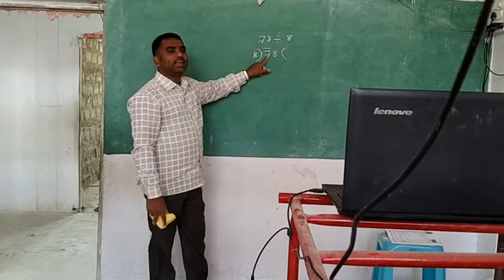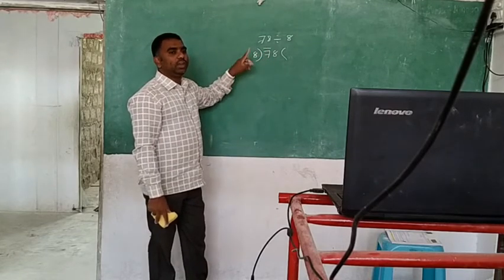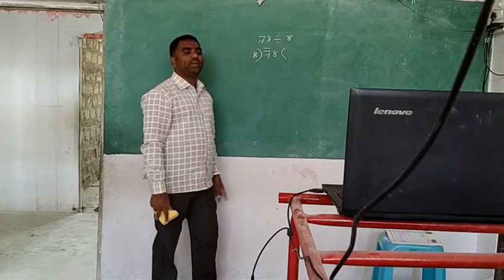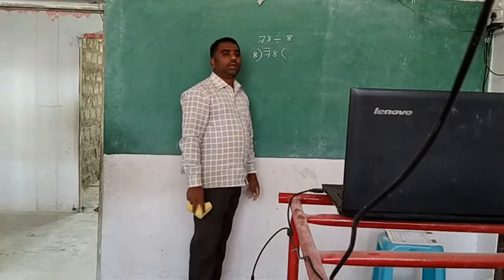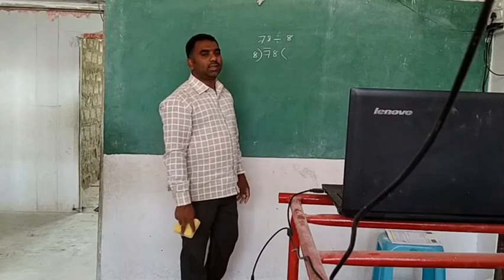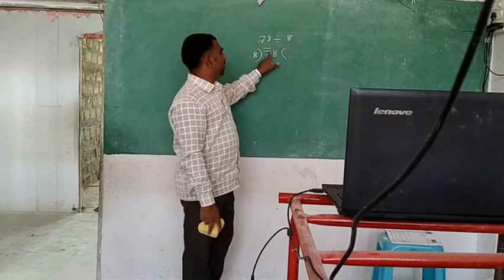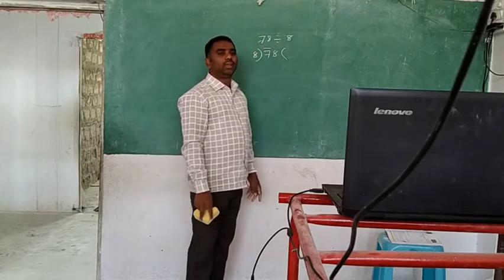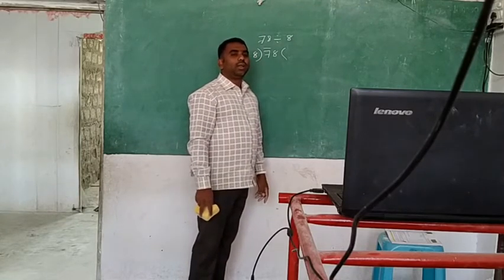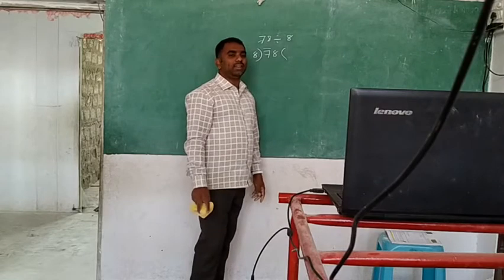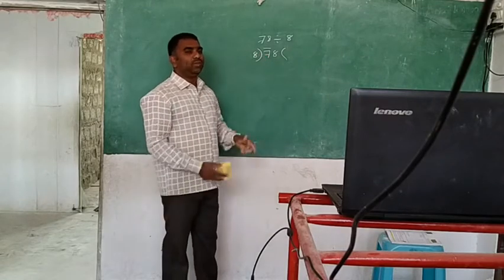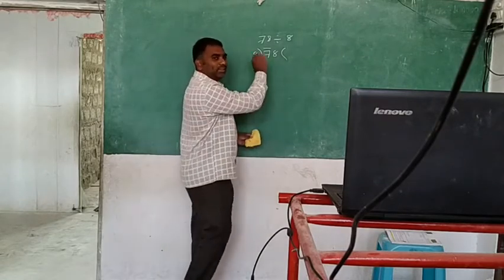What is this? 7. Now you need to check it in the 8 table. How will the 7 come? Do you get 7 in the 8 table? No. You do not get the 7 in the 8 table. Then what do you do? Something less, okay?